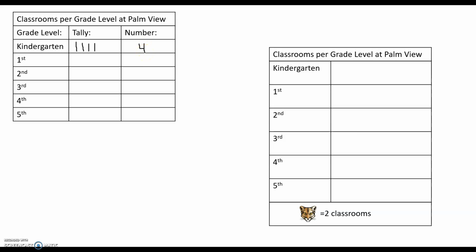Now let's think about first grade. Miss Severo, Miss Leverance, and Miss Newsom. So there are 3 first grade teachers. In second grade, we have Miss Ciano and Mr. Clark. So there are 2.